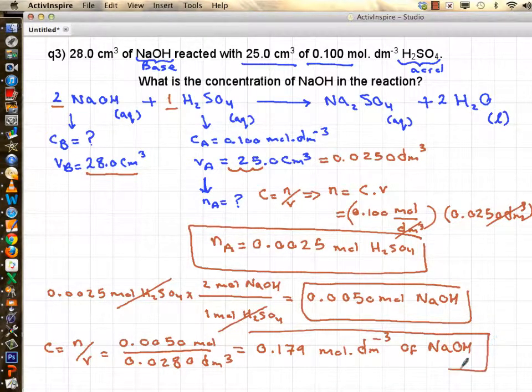Final answer. This is neutralization, and the process in the laboratory is titration. Quite often you do that. As soon as you find moles, then you can go back to what you know about stoichiometry and you're just fine.